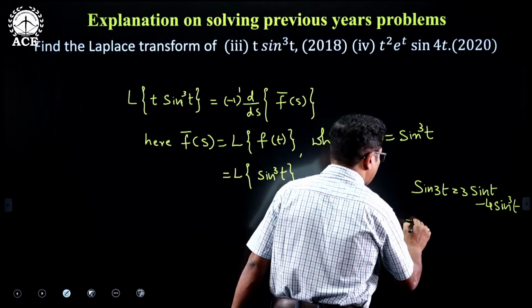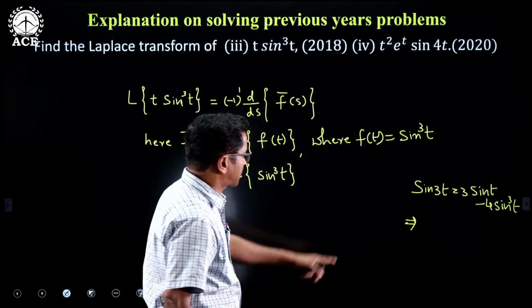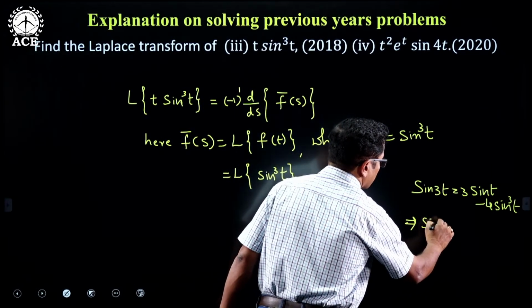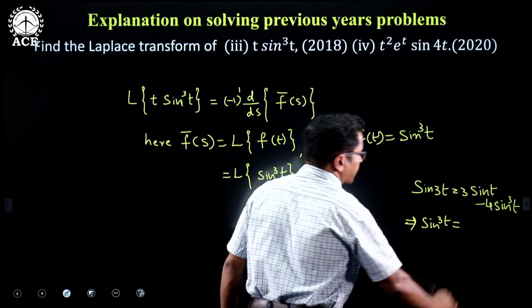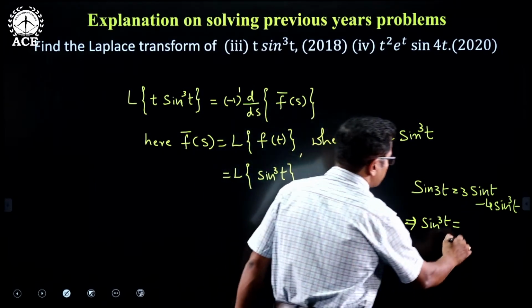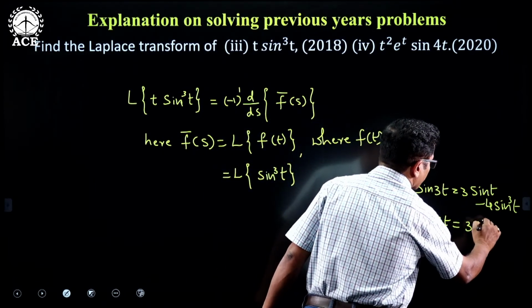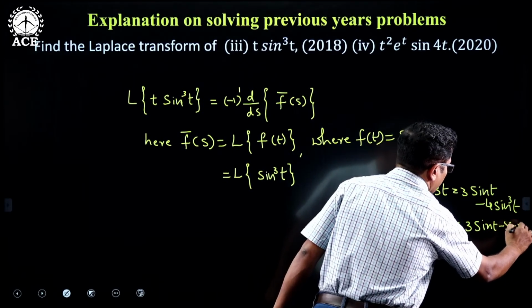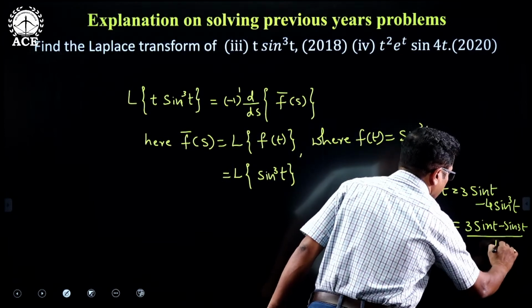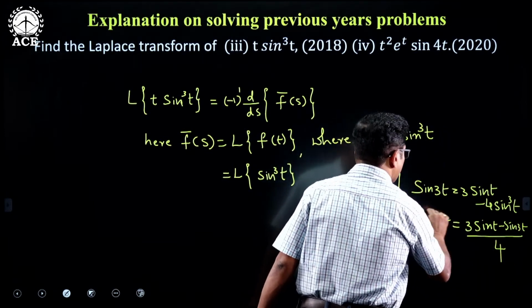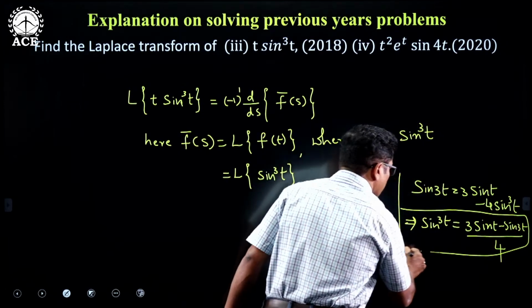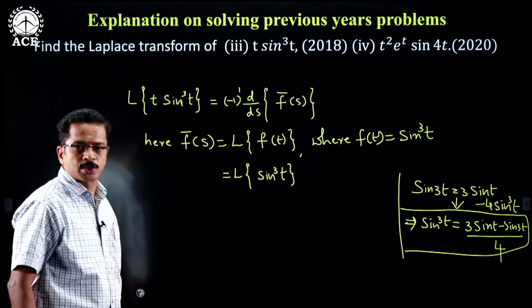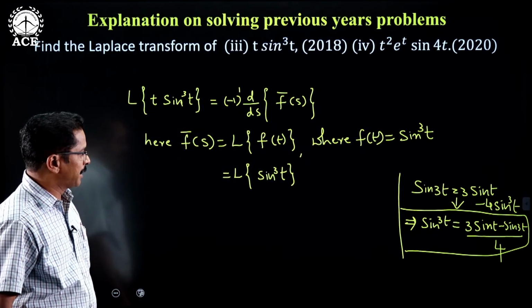From this, making sin cube t the subject, sin cube t equals 3 sin t minus sin 3t by 4. This formula is derived from here.